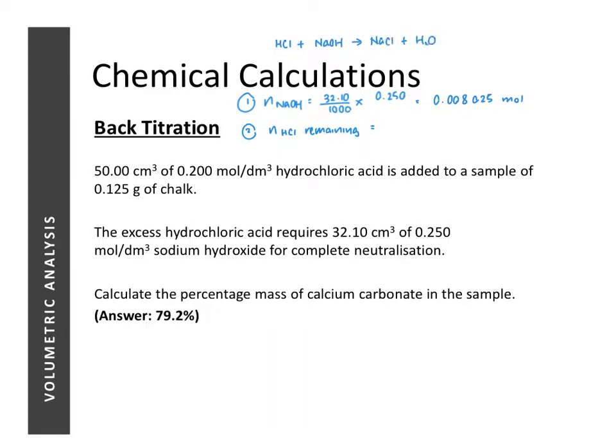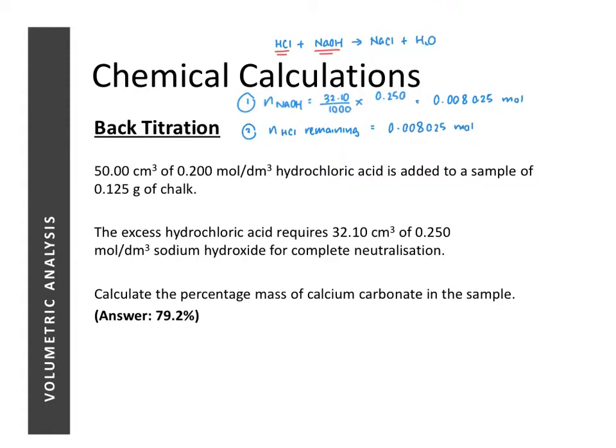From the chemical equation, we can see that 1 mole of hydrochloric acid will react with 1 mole of sodium hydroxide. Alright, so the number of moles of hydrochloric acid that had reacted with sodium hydroxide is the same. Okay, so that also tells us that this is the amount of hydrochloric acid that was remaining in the mixture.